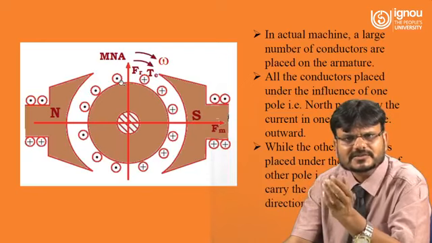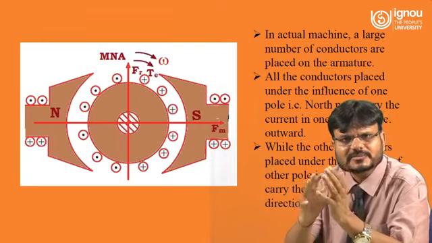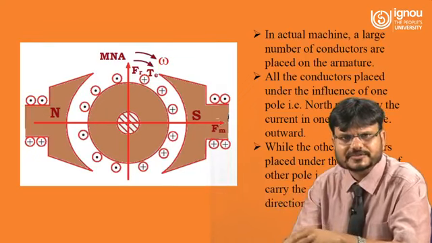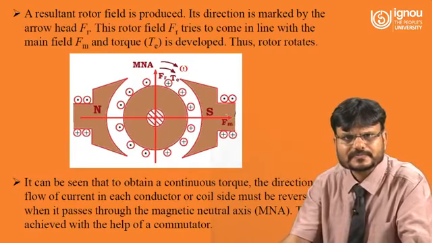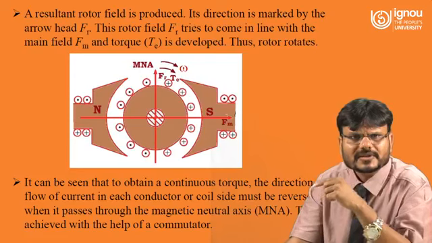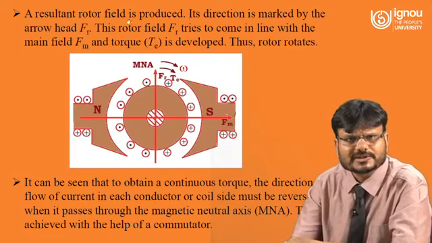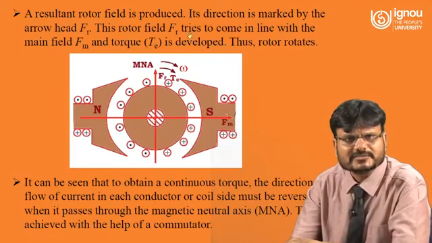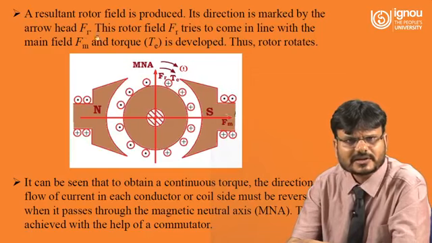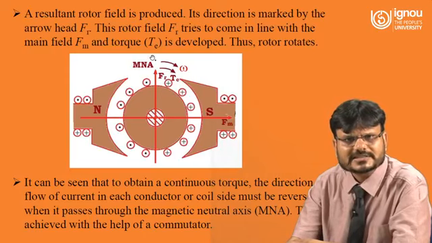Now the tendency is that both fluxes will come to the original position. As a resultant, the rotor field is produced. Its direction is marked by the arrowhead, that is Fr. This rotor field Fr tries to come in line with the main field Fm, and this torque T is developed.